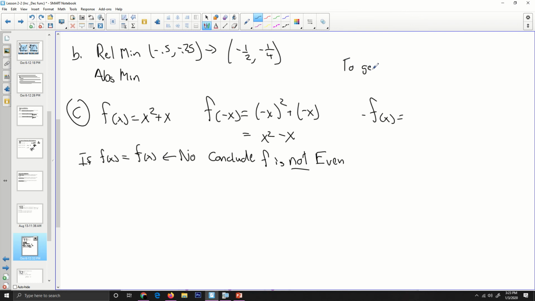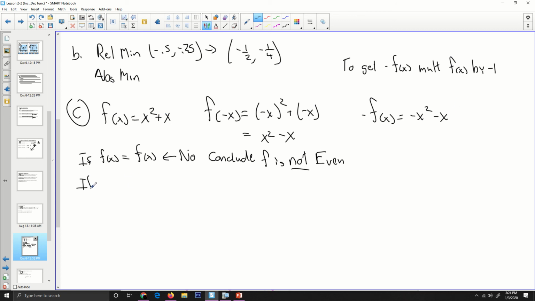To get negative f of x, multiply f of x by -1, just so that I get that clearly across to you. And so when I multiply this expression by -1, x squared becomes negative x squared, and then x becomes negative x.